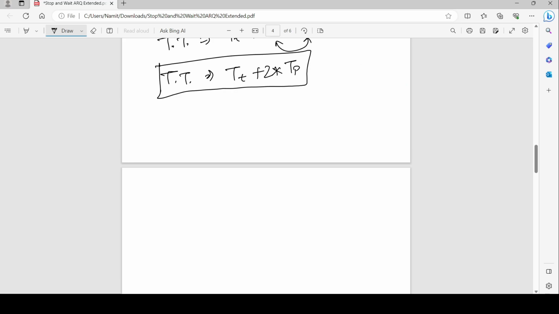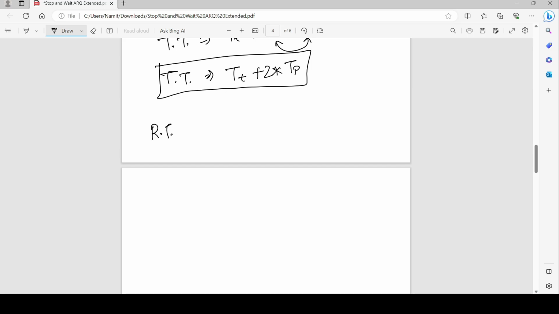I hope this thing is clear with you guys. There is no doubt, I hope. Now there is one more thing which is known as, what? It is known as round trip time. Usually this thing is not asked. But what is round trip time?